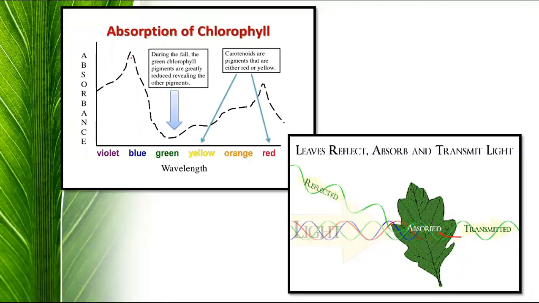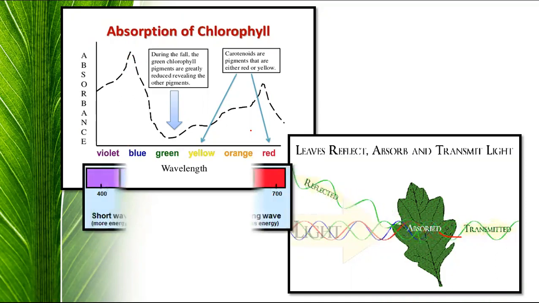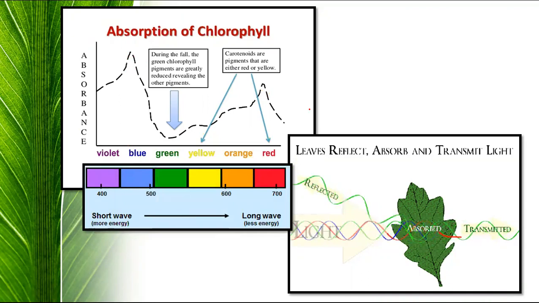This peak indicates the highest amount of absorption by chlorophyll. That is, blue light is absorbed in a high amount. The red light is also absorbed, so the chlorophyll pigment absorbs red light at a high amount.